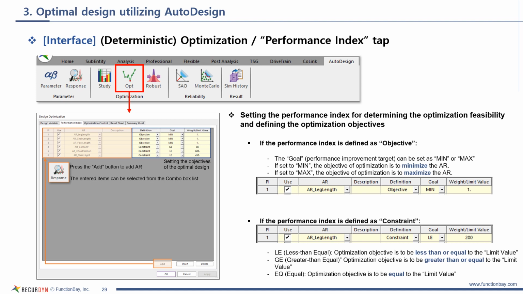For constraint, define it as either an equality or inequality condition. For example, if you set it as LE, less than or equal to, it means the optimization aims to achieve the specified analysis response value less than or equal to the limit value you entered.